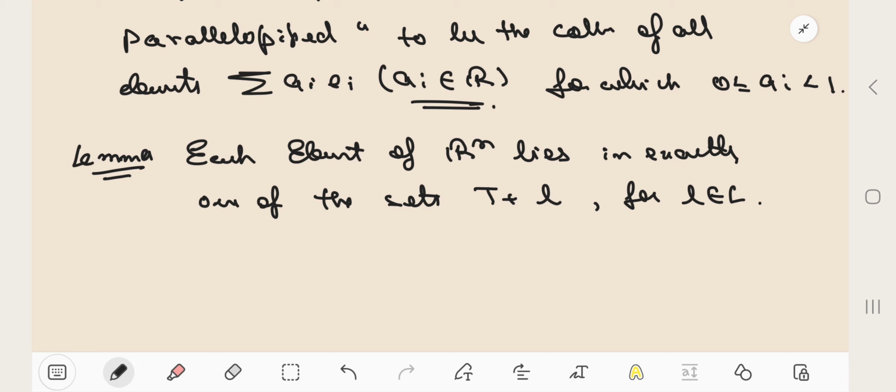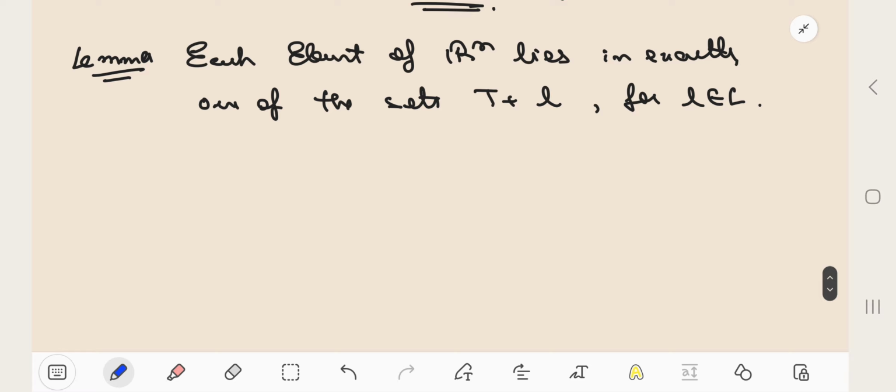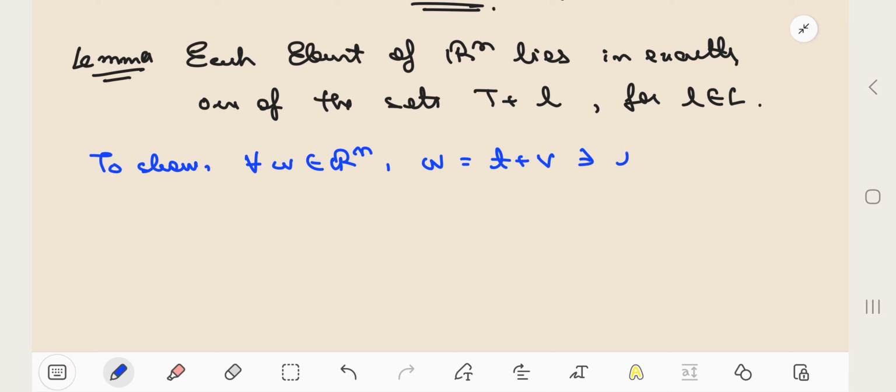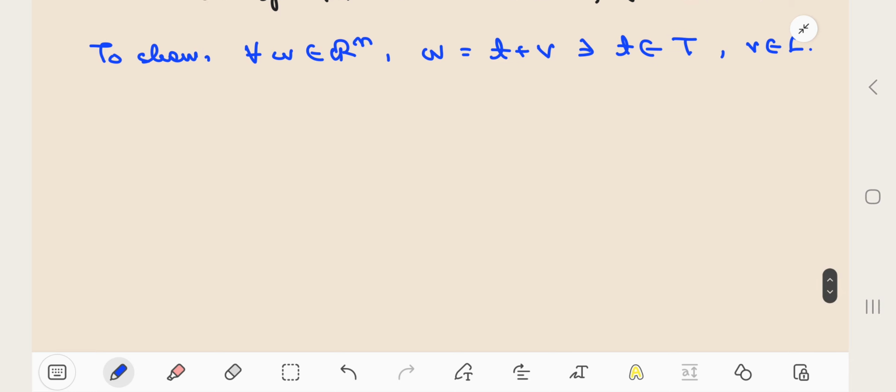So let us see a proof of it. What we will be proving is basically that whenever I choose an arbitrary element from Rn, for all W in Rn, W can be written as T plus V, such that T comes out from capital T and V comes out from L. So T is the fundamental domain from L. So how do I prove this?